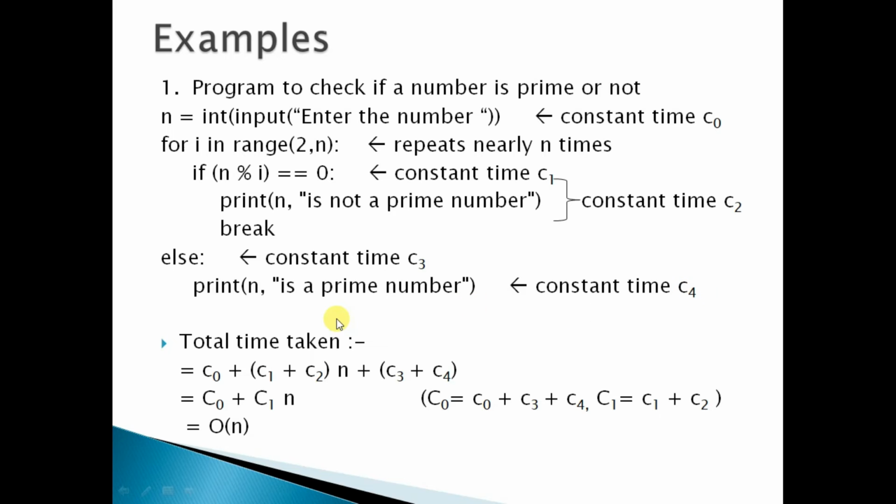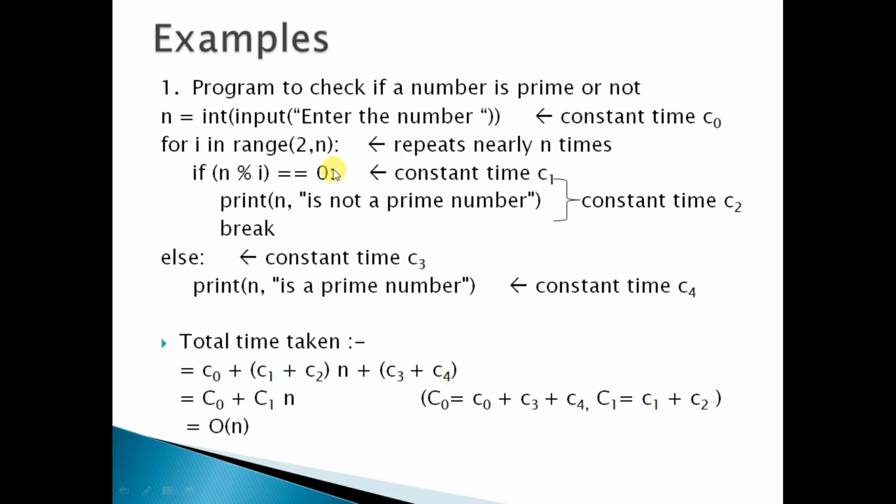So the total time taken by this algorithm will be equal to the sum of these: C0 plus C1 plus C2 multiplied by n, because you have studied that the complexity of a loop is equal to the time taken by the statements multiplied by the number of iterations.